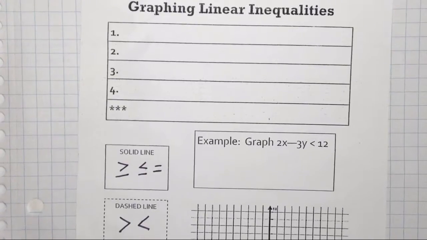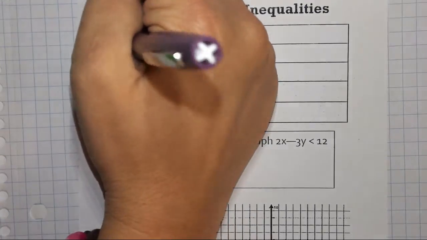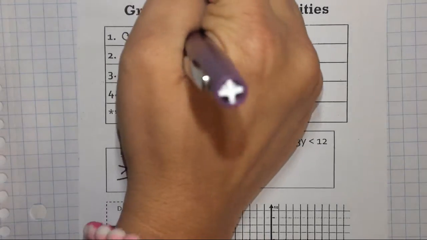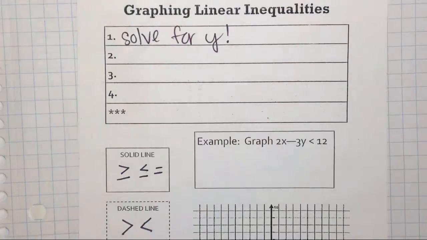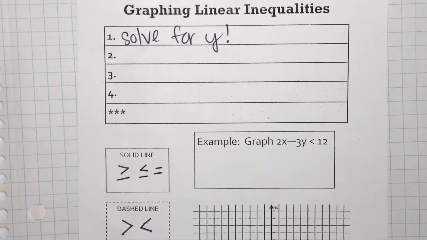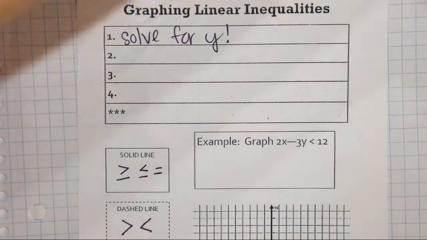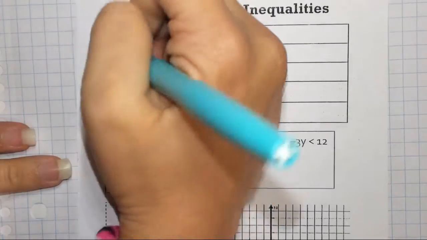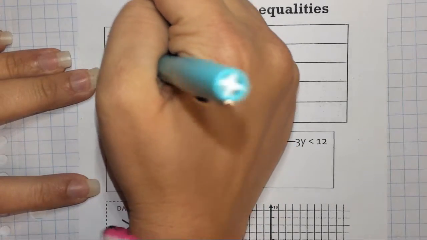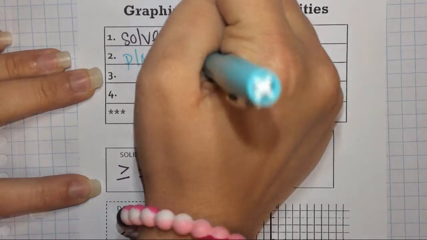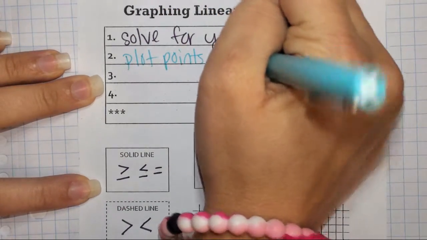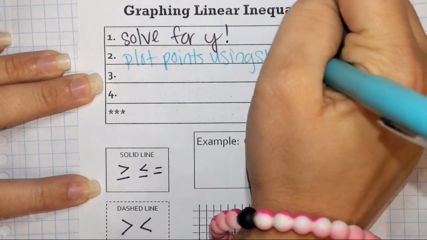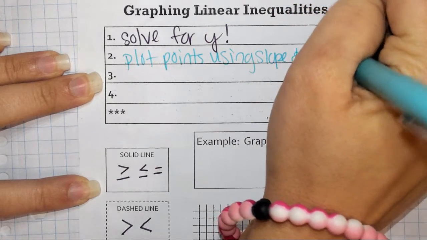Alright, so you have 4 steps. The first thing you have to do is solve for y. Each time we're going to get y by itself. Then you plot points using slope and y-intercept.